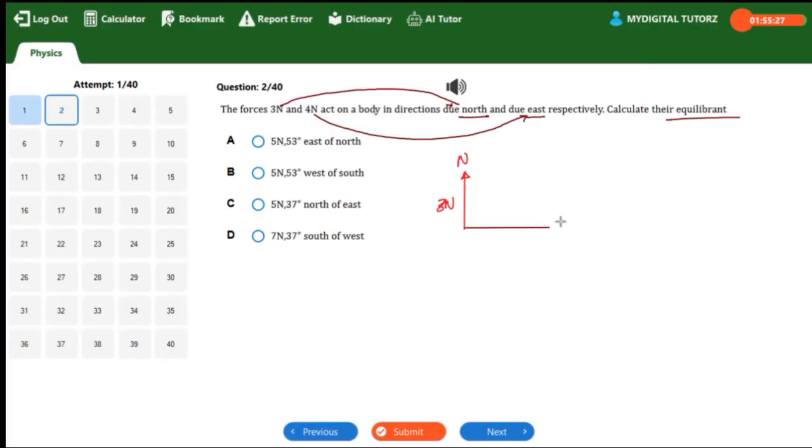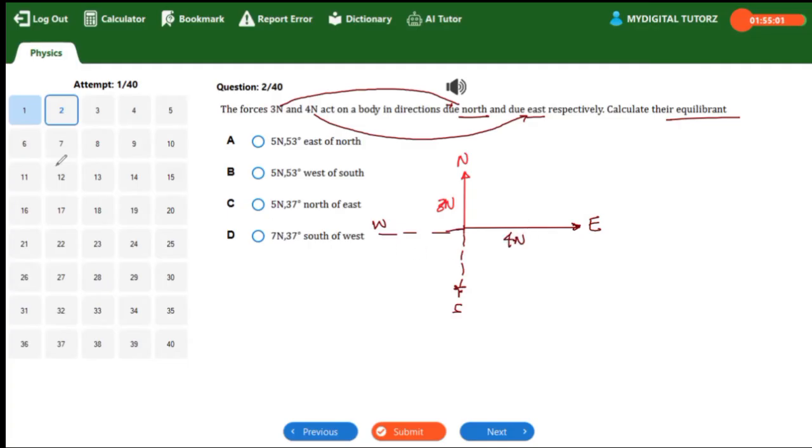If you put our four cardinal points, down here will give us south, to the left will give us west, and here is east. So here is said to be 4 Newton. I hope we are together.